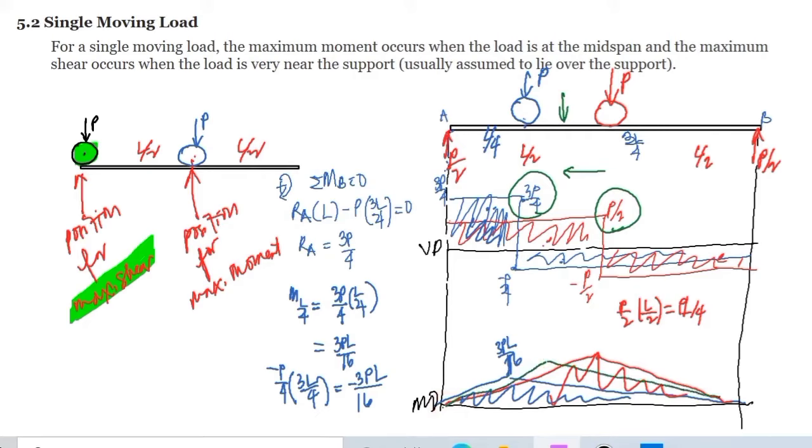And if we are going to position our load somewhere here, this would be the moment. As you can see, if the single moving load is moving away from the support, the value of the moment increases, and at the midspan, that would be the position where the maximum moment occurs.